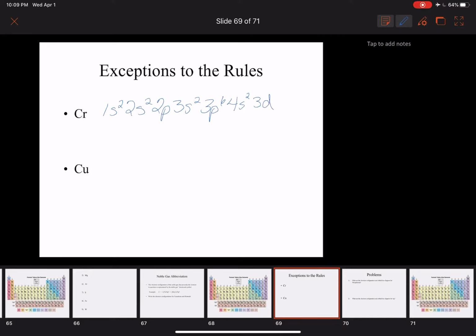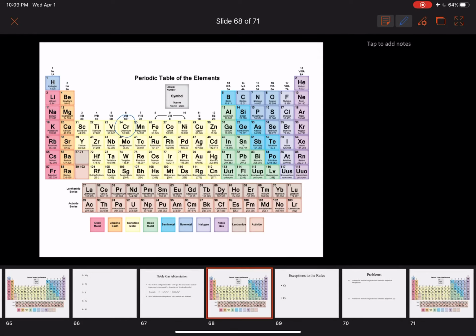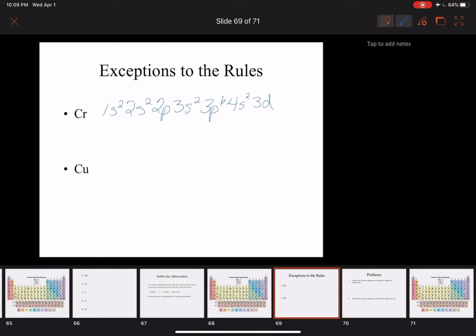So we have 3d something, and let me switch back to the periodic table to show you guys. Right here we've got 4s2, and then here we've got 3d1, 2, 3, 4. So for chromium we have 3d4. And that would be the electron configuration that we think we would have.